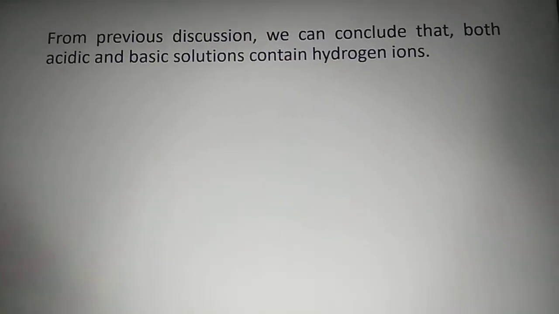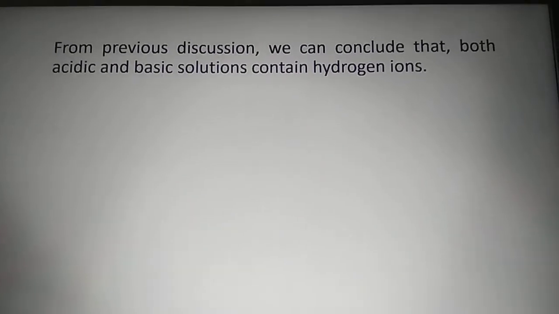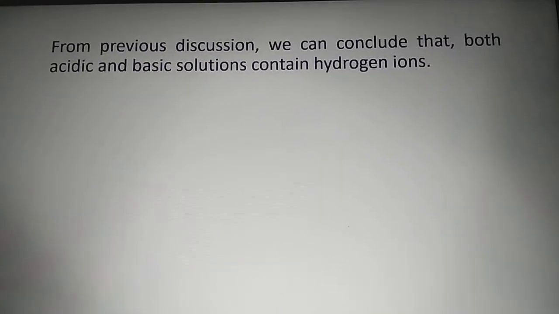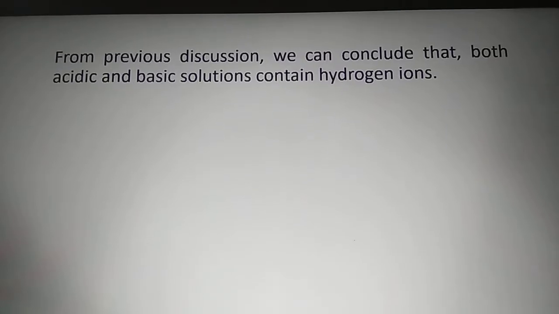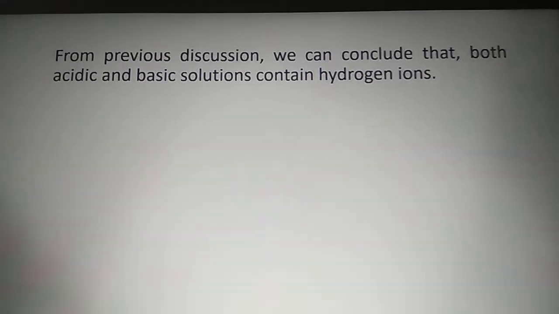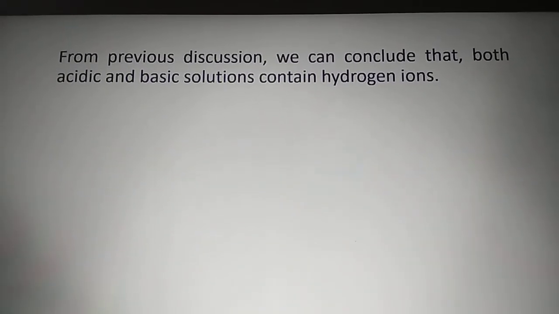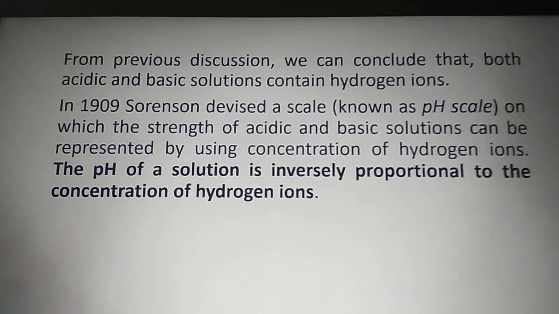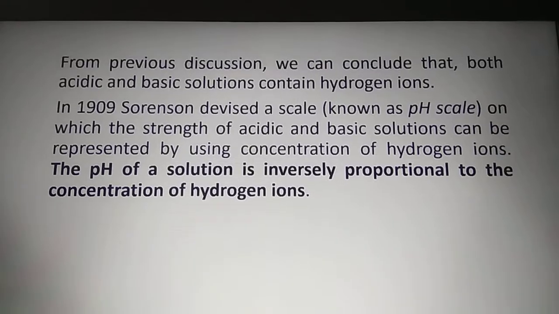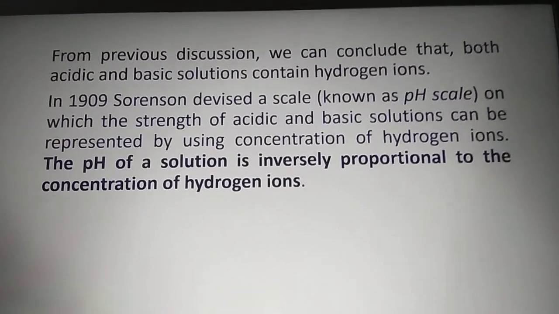So, from this discussion, that means ionization of water in acidic solution and in basic solution, we can conclude that both acidic and basic solutions contain hydrogen ions. In 1909, scientist Sorensen devised a scale.